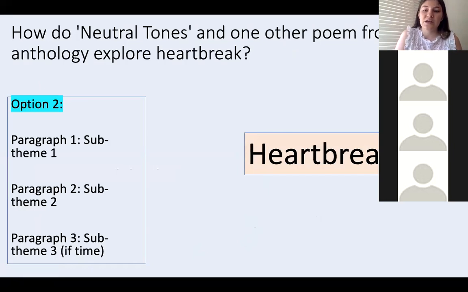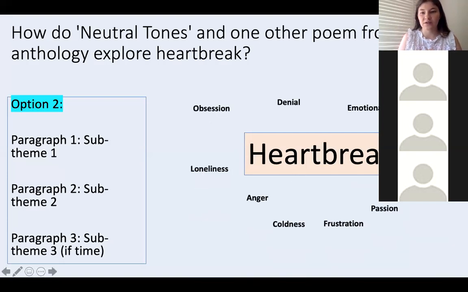So as you can see, for those of you who are slightly confused, anger, beautiful, we are looking for things that link to the idea of heartbreak. If someone is experiencing heartbreak, what are some of the emotions that they might be feeling? What are some of the ways that they might be acting out? What are some of the ways that they might express that heartbreak to other people? I can see Rui put confusion as well. Very good. So I'm going to put a few on the PowerPoint so that you can see them.